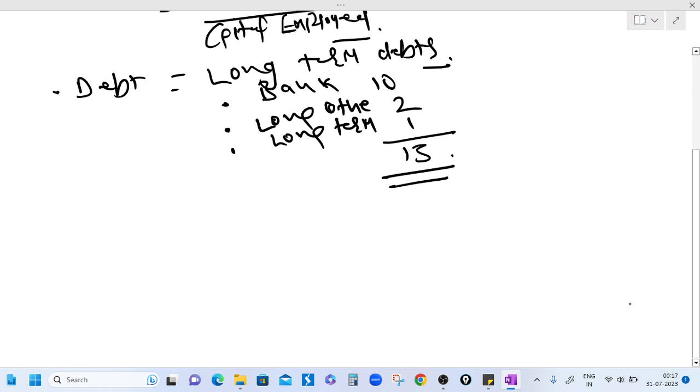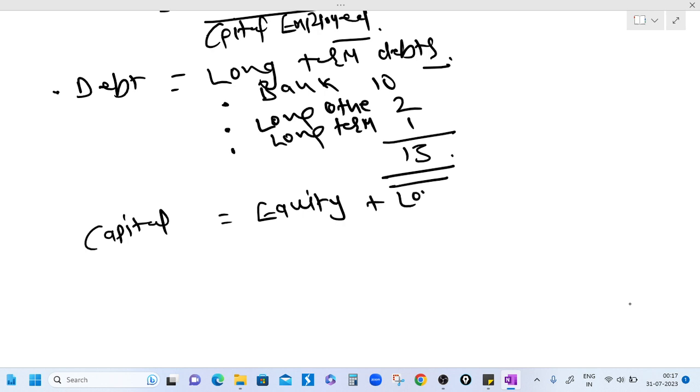Now, what is the capital employed? Capital employed is basically total equity plus long term loan, or you can say long term liability. These are the capital employed.